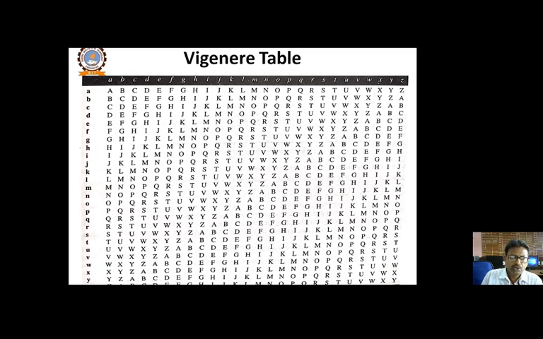Now, suppose the first character of the plain text is F, and the first character of the key is M. Then F will be replaced by which character? The junction of these two, that is R. So F will be replaced by R if the first character of the key is M.